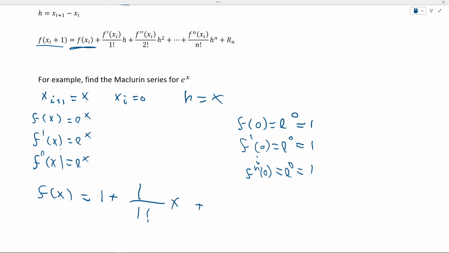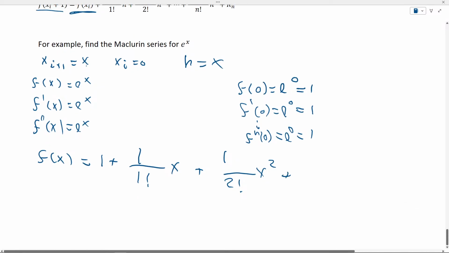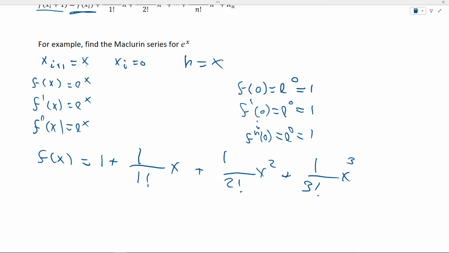Then plus my second derivative, that's again 1, all of them are 1, divided by this guy, and then my h, that would be x squared. And let's do the third term. The third term would be my third derivative, that's 1 over 3 factorial, times x cubed. I can do all this all the way to 1 over n factorial, x to the power n.